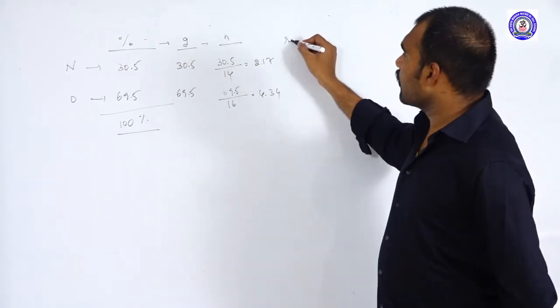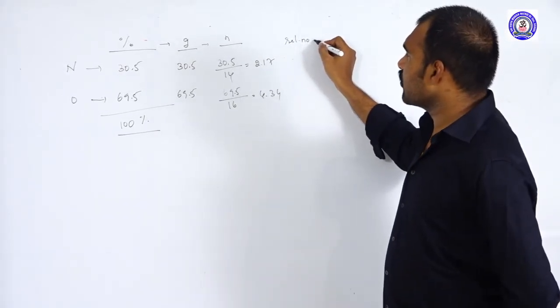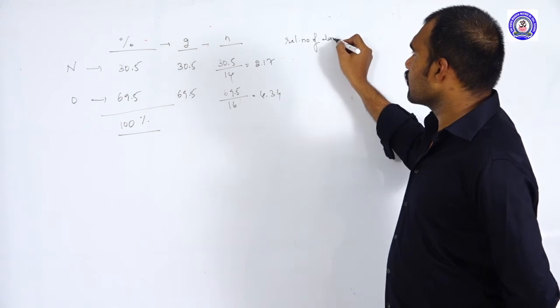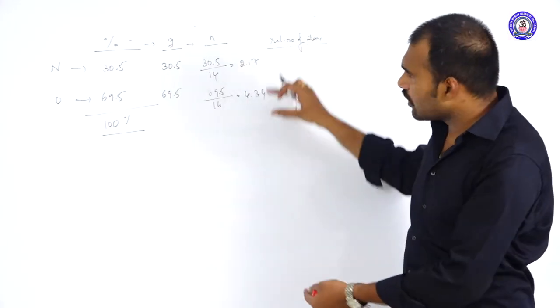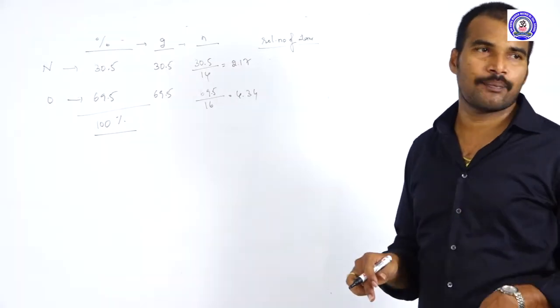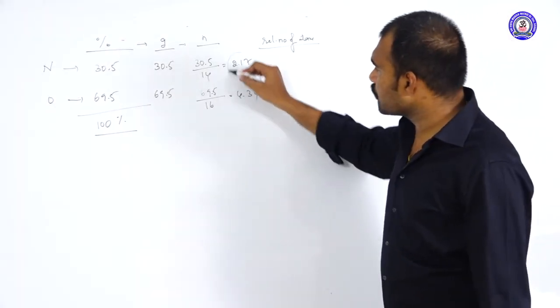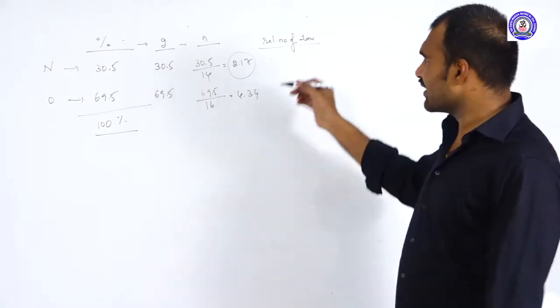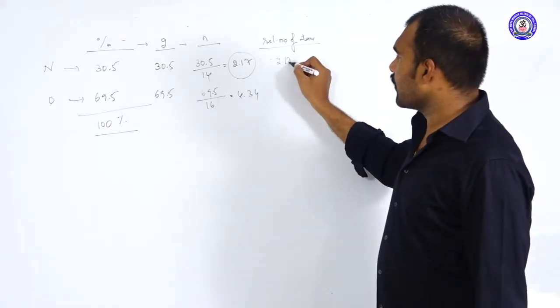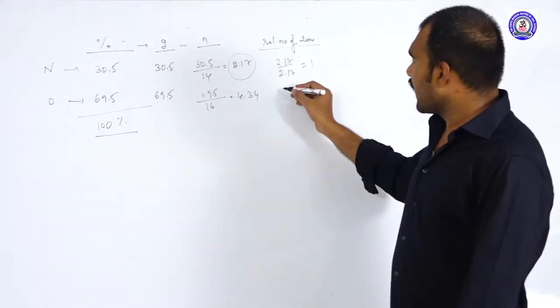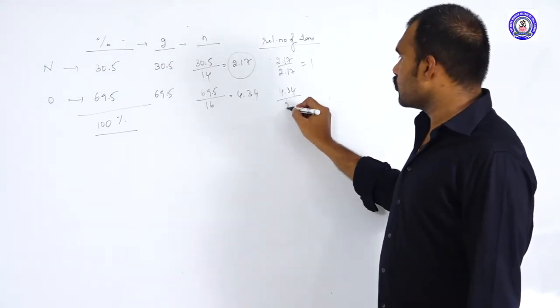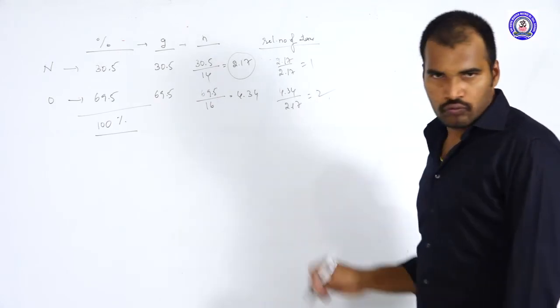Thereafter, the relative number of atoms. How to calculate? You divide all the number of atoms by the least number. So what is the least value? 2.17 is the least. You divide them by 2.17. 2.17 by 2.17 is 1, and 4.34 by 2.17 is equal to 2.